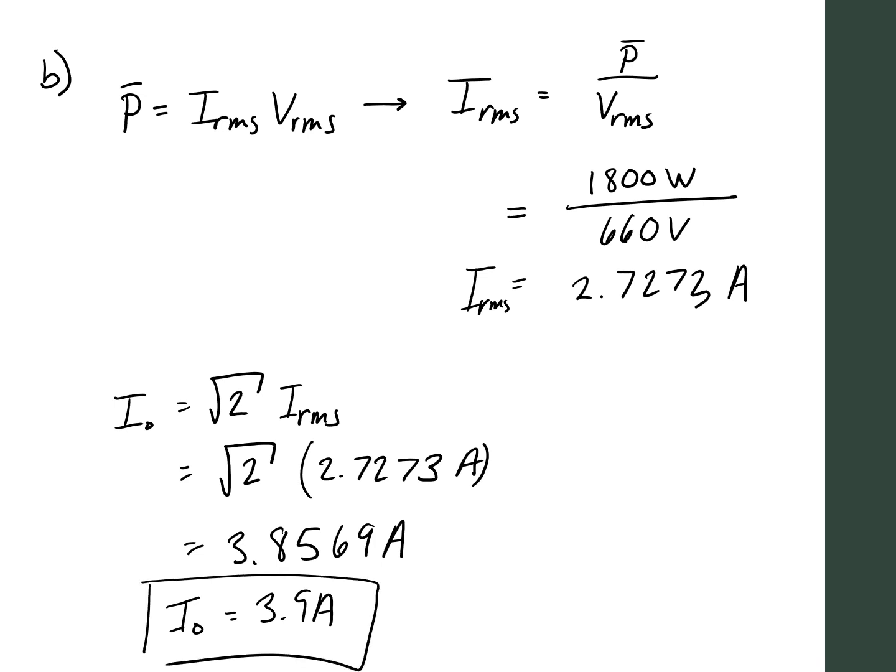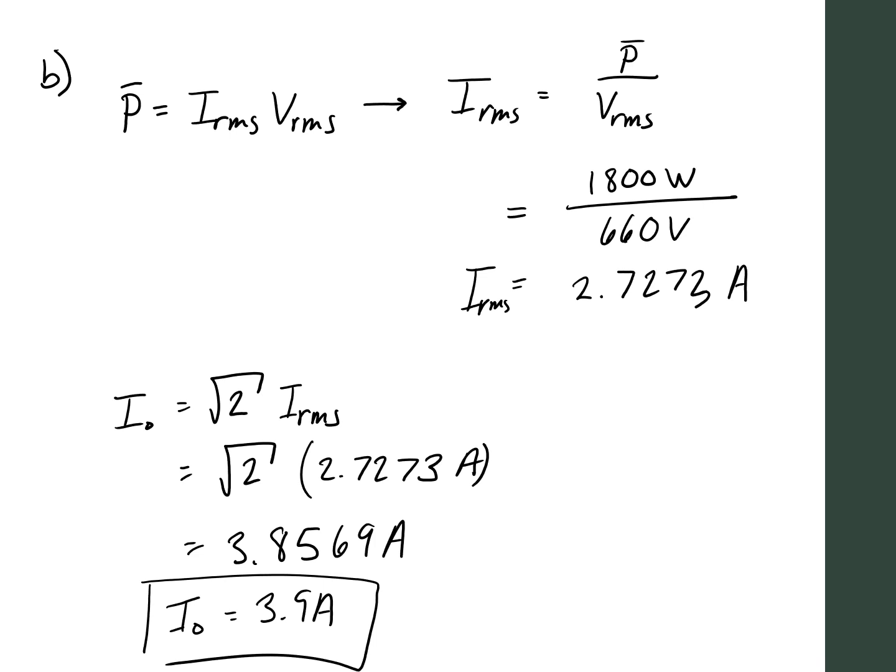So a lot of this introduction to alternating current has been to find this root mean square value, because now we can ignore the fluctuations in our values of current and voltage.